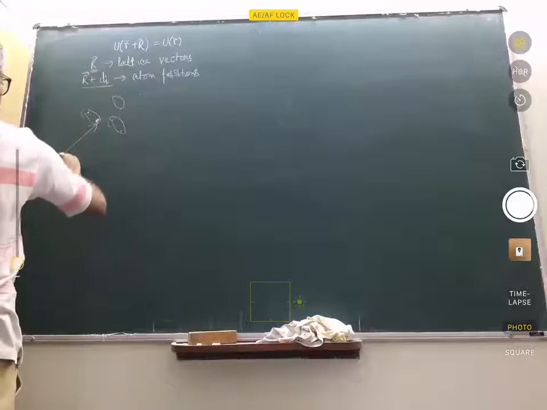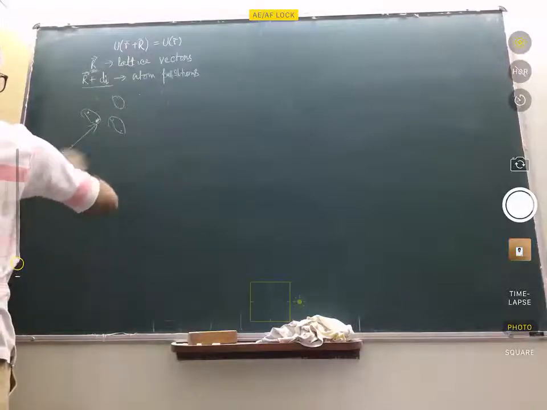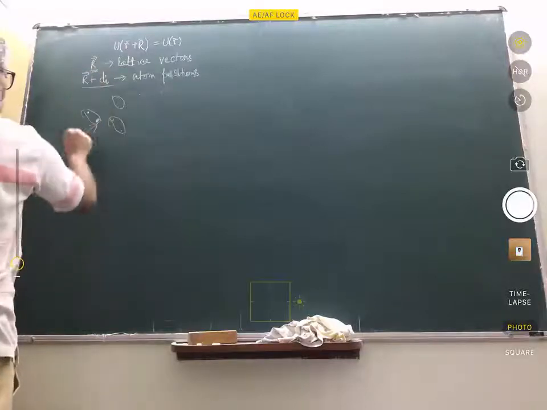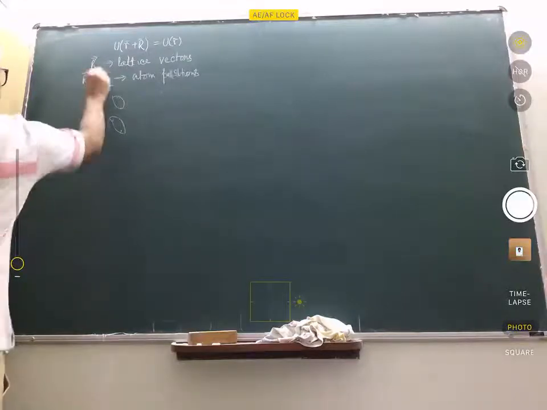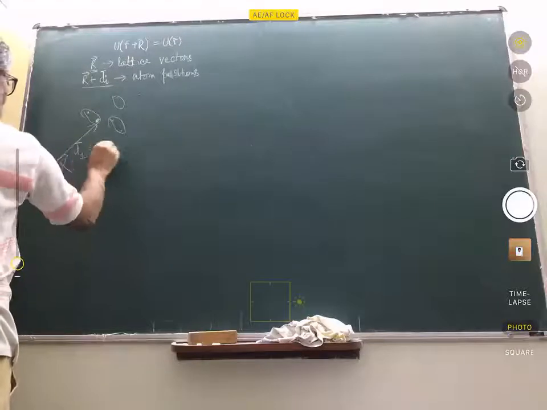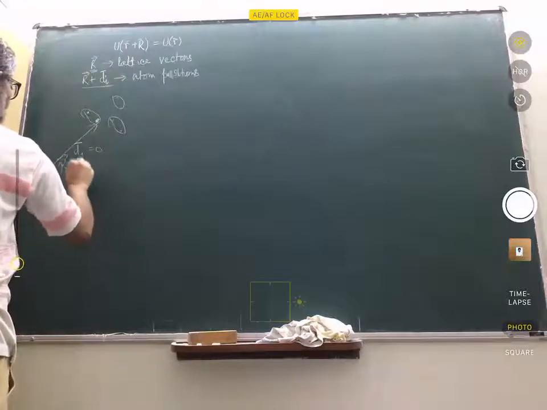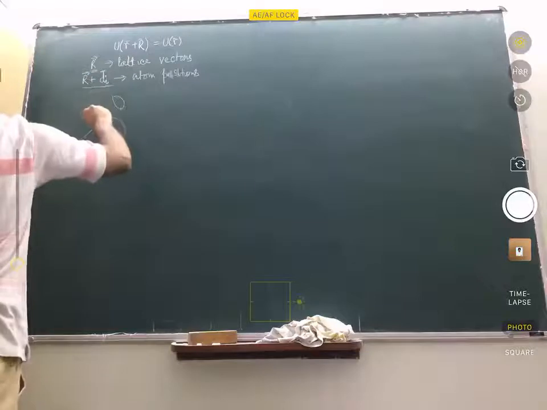And the two atoms would then be sitting, one at the vector d1 as 0, and d2 would be the vector from here to here.